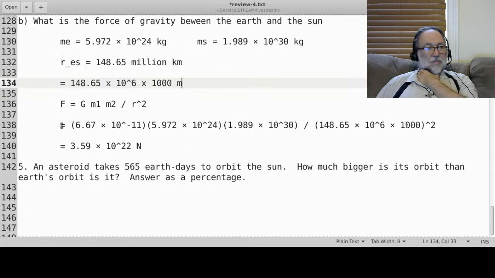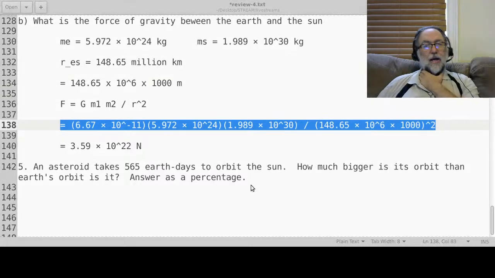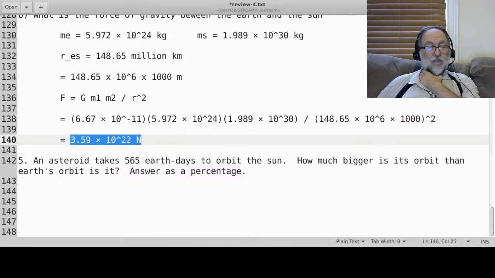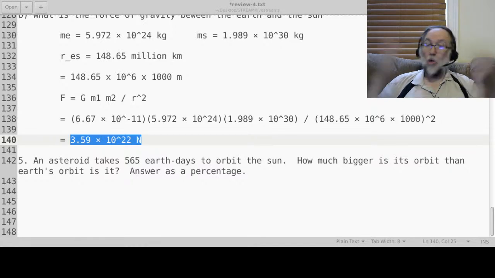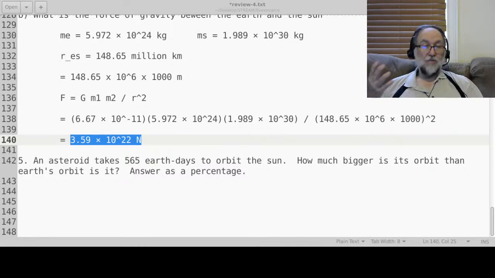Then just substituting all those numbers into that equation, G m1 m2 over r squared, and crunching it through, you get this number here, which is 3.59 times 10 to the 22 newtons. And 10 to the 22 is unimaginably big. But of course, we're not talking about small objects anymore.